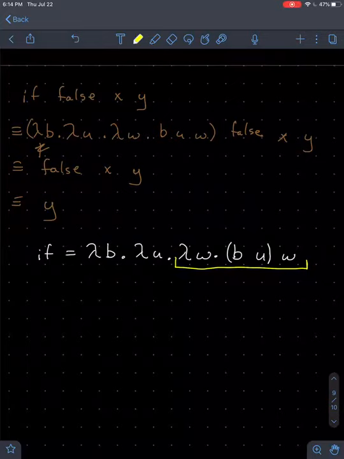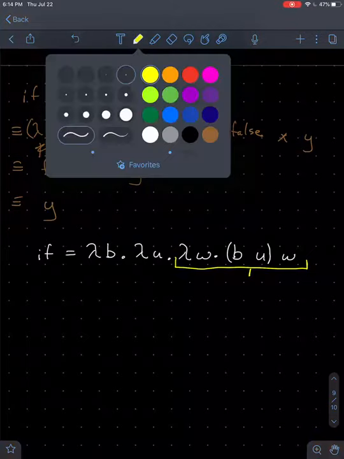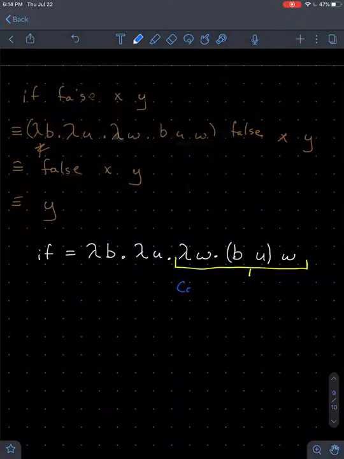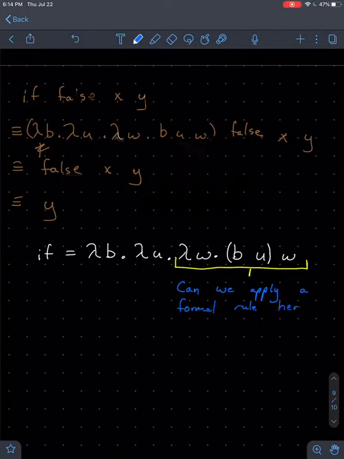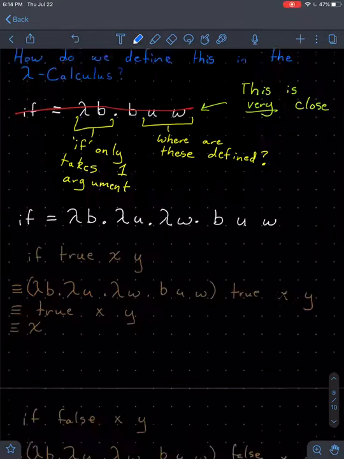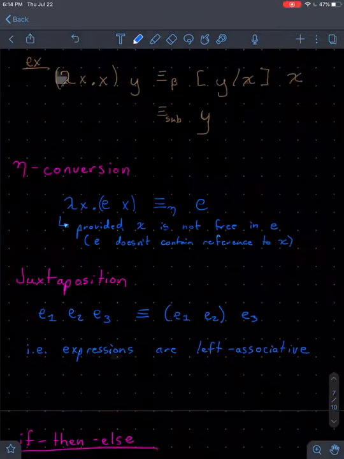Can we apply any to this yellow section? Let's see if I can quickly copy the rules over.